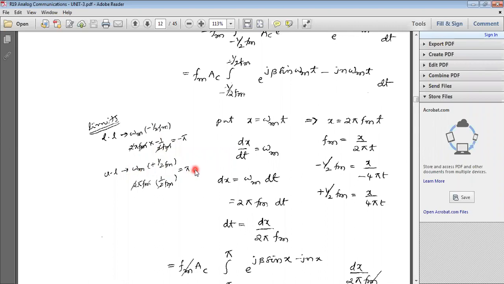Now you rewrite this as equation number 3, substituting all these parameters: omega mt is considered as x, dt equals dx by 2 pi fm, and change the limits to minus pi to pi.